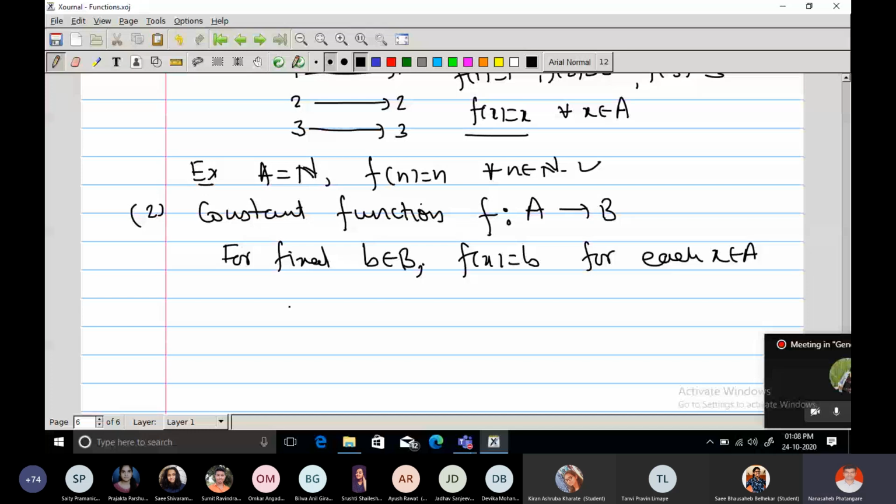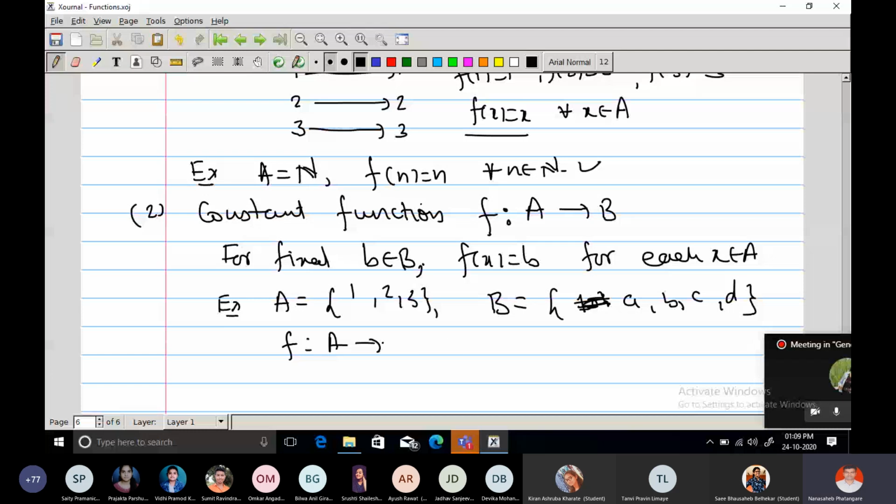So for example, if my set A is the same set {1, 2, 3}, and my set B is {a, b, c, d}, and if I define f from A to B with f(1) = a, f(2) = a, f(3) = a, right?